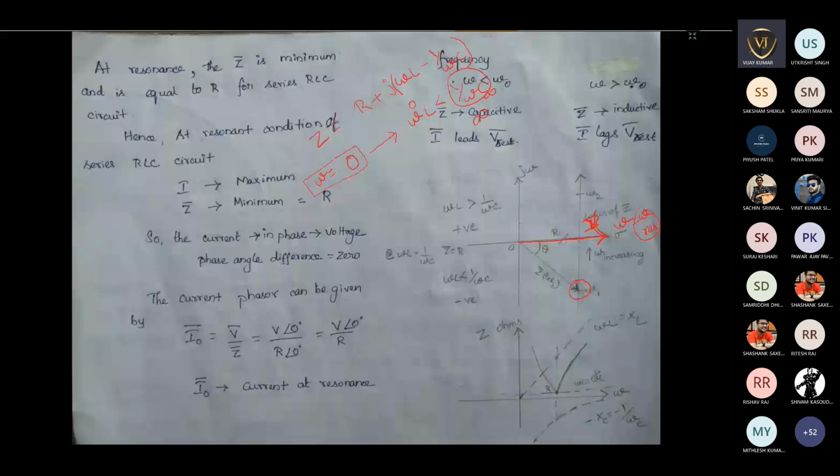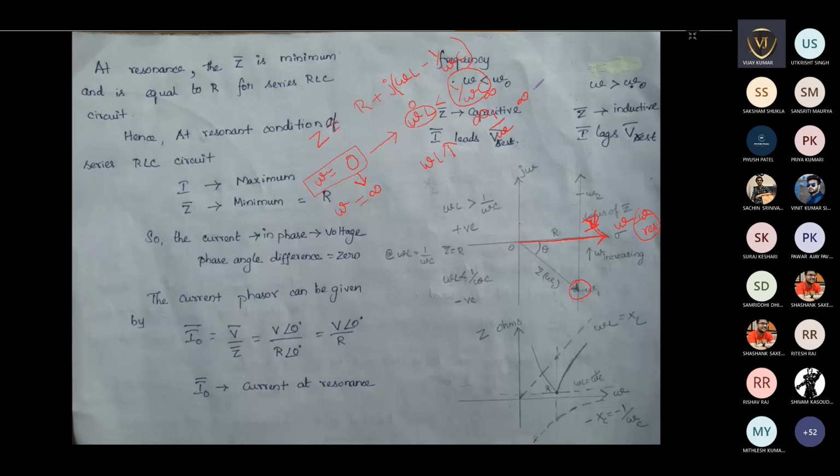Now if you are changing from omega is equal to 0 to omega is equal to infinite, this omega L value will change from 0 to some positive value, and this 1 by omega C will come from infinite to some finite value. So omega L will be increasing from 0 to infinite, and 1 by omega C will be decreasing from infinite to 0.